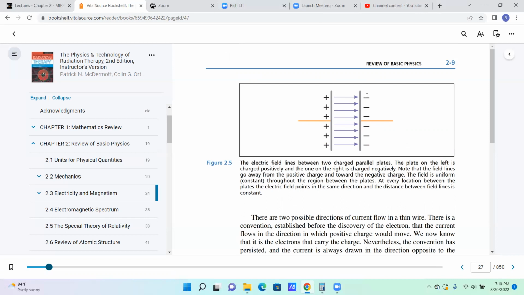You have about the same amount of equal and opposite charges in that distribution. So as they go through, at every location between the plates, the electric field points in the same direction and the distance between the lines is constant. If they were starting to be clustered, then you would start to see that the lines might become stronger in certain spots and weaker in others.